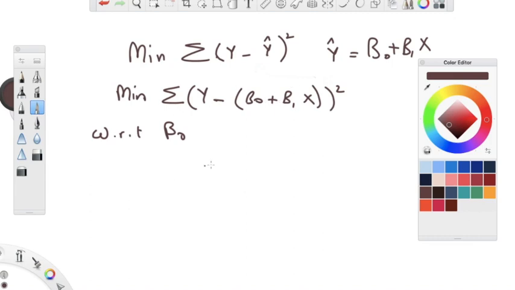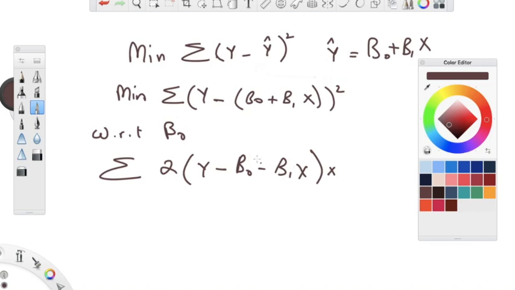So going back to how you differentiate, so you ignore the summation and then you differentiate the whole term, but before that you bring the power down. So you bring the power down, and so you keep the whole term as it is, beta naught minus beta 1x, and subtract 1 from 2, so you're left with 1, and then you multiply it by the actual derivative of this term.